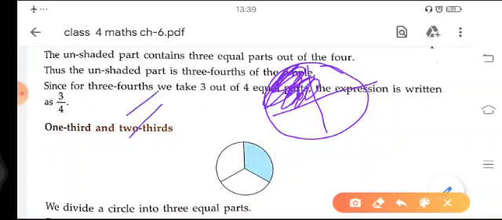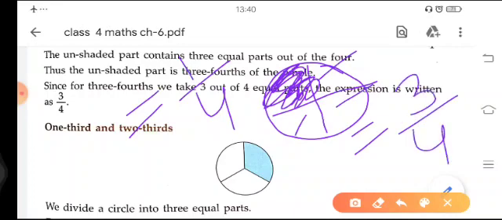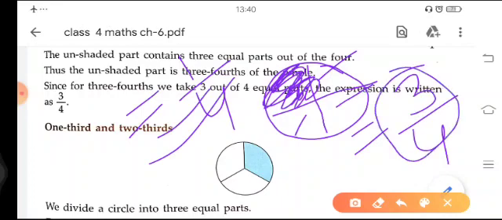I made a color in one part and the whole is 4. So that is 1/4, that is the shaded portion. And what is the portion of the unshaded part? 1, 2, 3. There are 3 parts which are unshaded. Then its fraction will be 3/4. So 1/4 is shaded and 3/4 is the unshaded part, right?